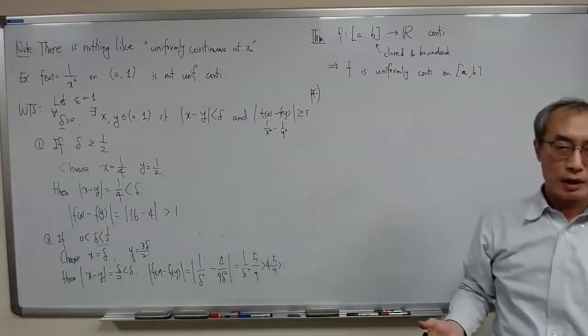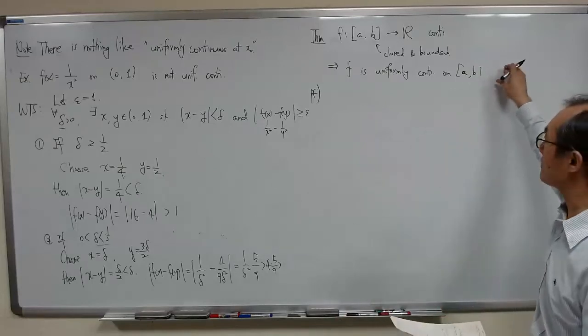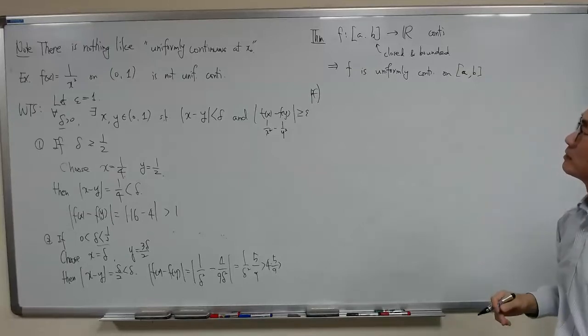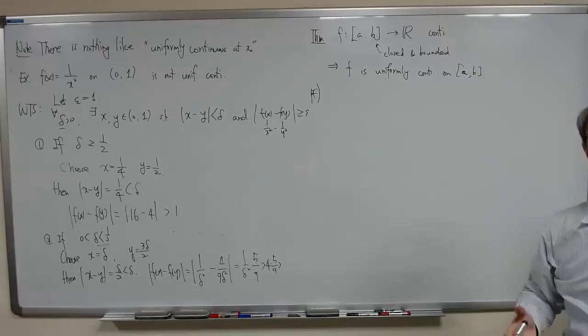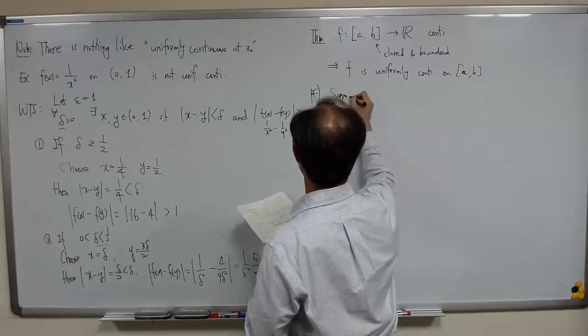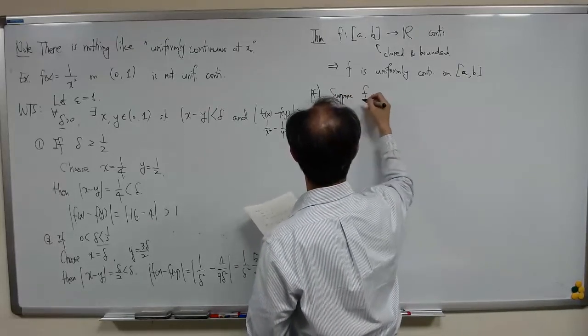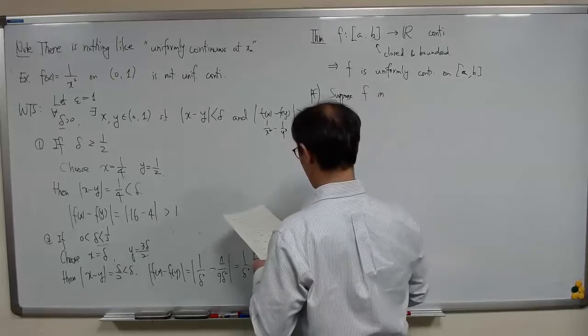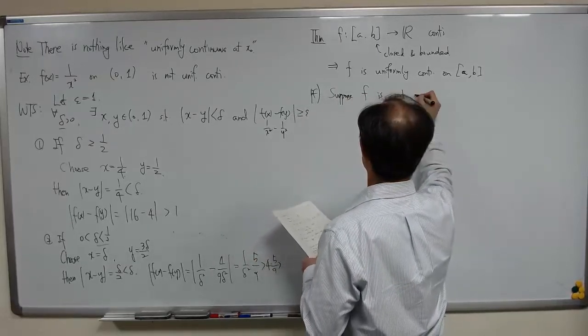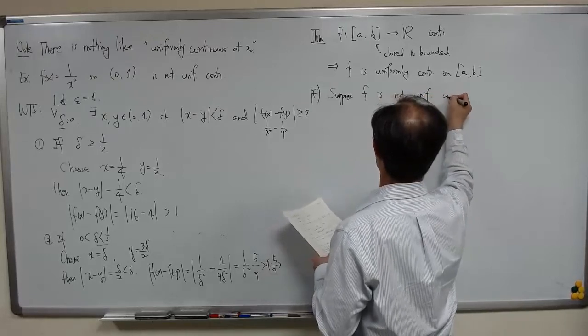Again, we're going to rely on contradiction: if the conclusion is false, we're going to derive a contradiction. So suppose this function f is not uniformly continuous.